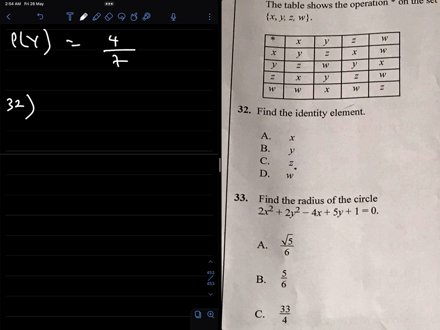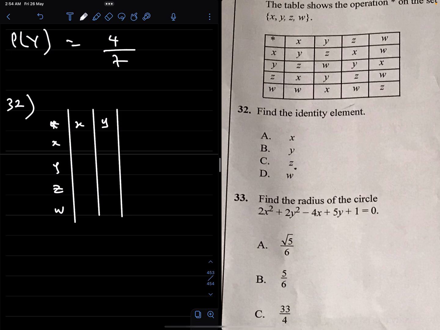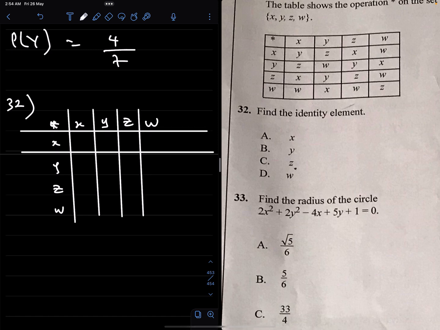Okay, I think I want to put the table down here. x, y, z, w, and this is x, y, z, w. Then you have lines this way.